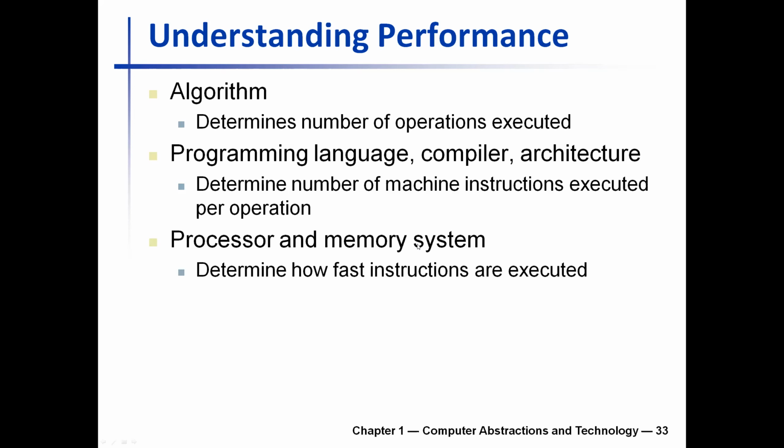So then if we go even deeper, the hardware level, the processor microarchitecture level, and then the related subsystems like memory. At that level, we talk about how fast these instructions can be executed by the actual hardware, right? So we have a list of instructions given by your compiler, assembler, and whatnot. And how fast can these instructions be executed?